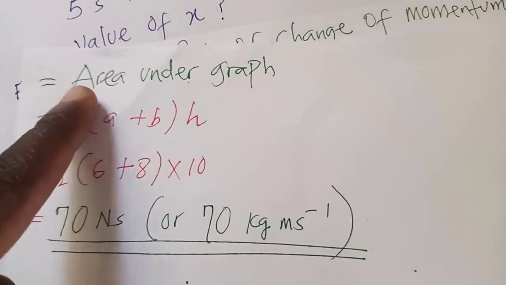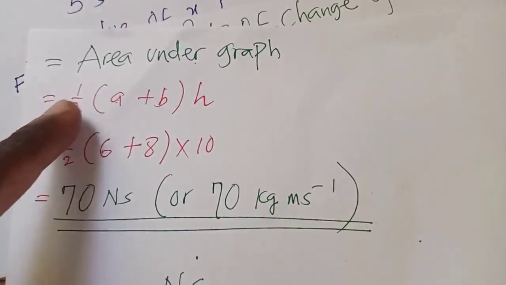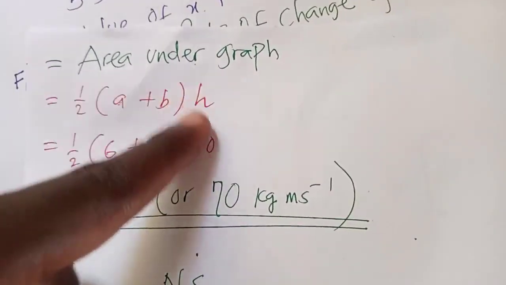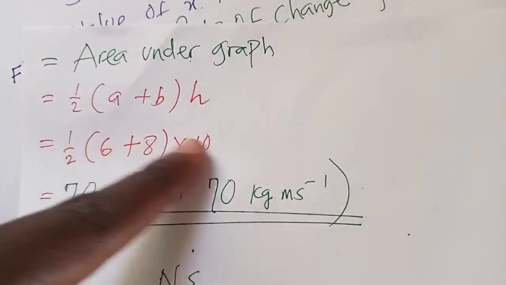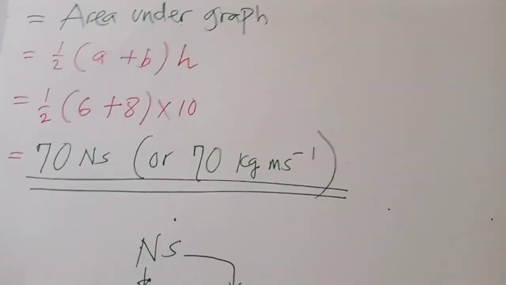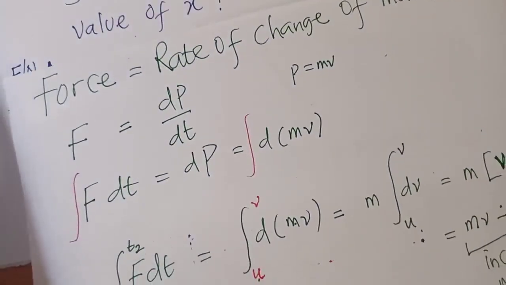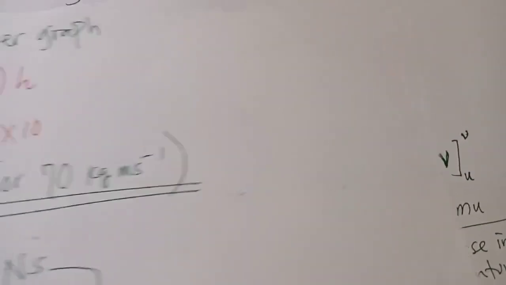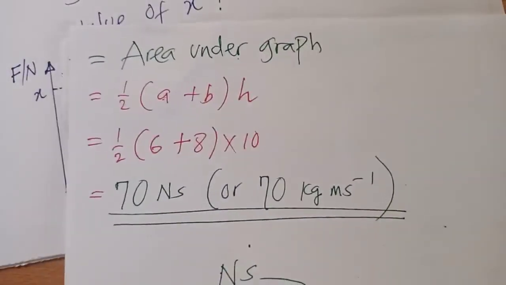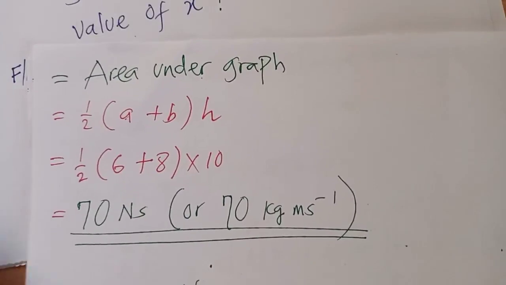Area under graph is equal to half into (A plus B) times H, then make the substitution and get your answer. Skip all these derivations. I only derive them to show you how they obtain this and why this process is correct.